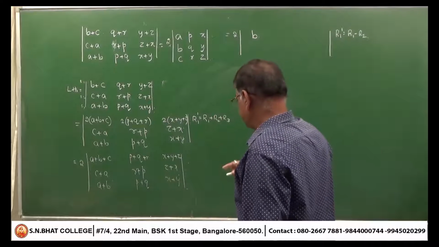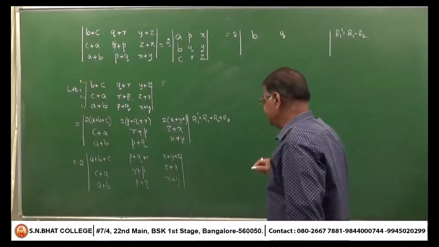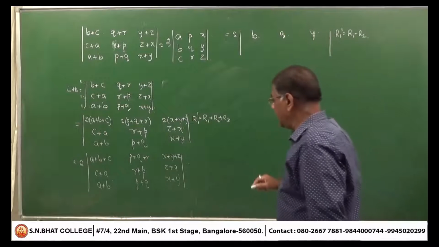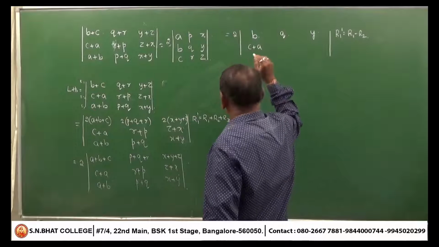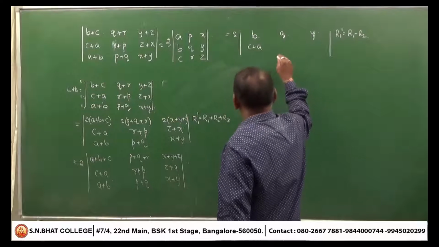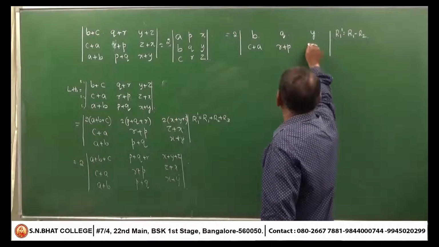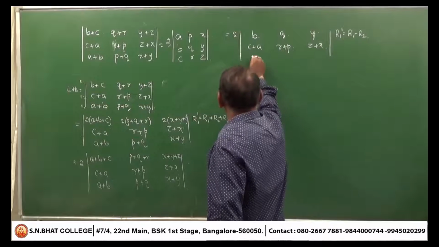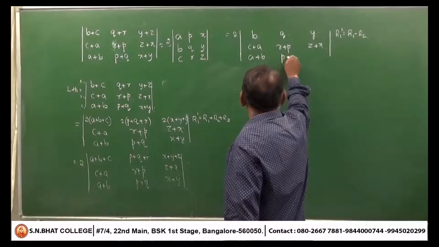Next is q. Next is y. Write R2 and R3 as they are. c plus a, r plus p, z plus x. Next is a plus b, p plus q.